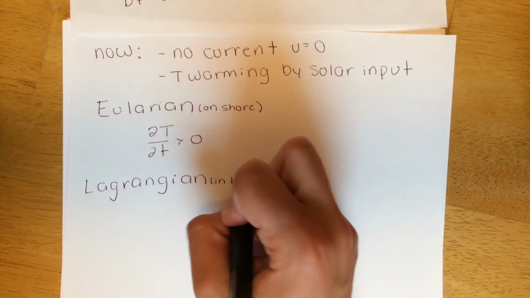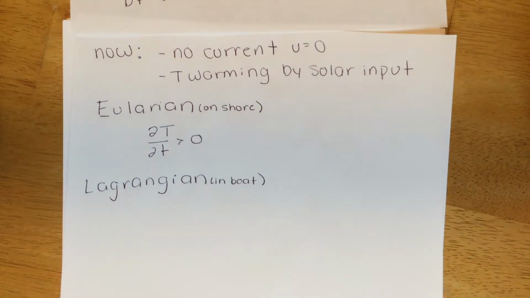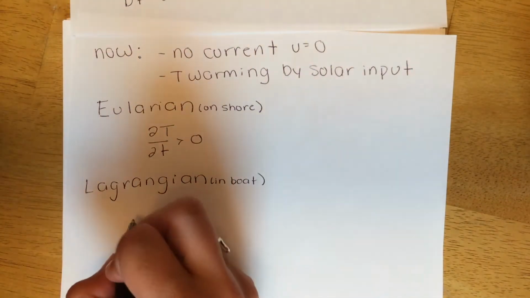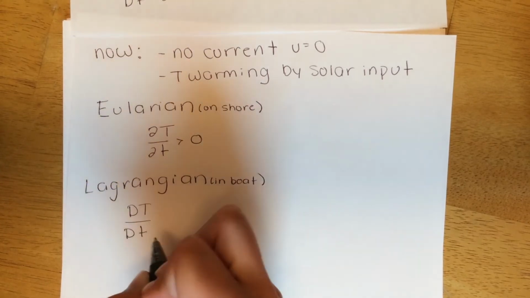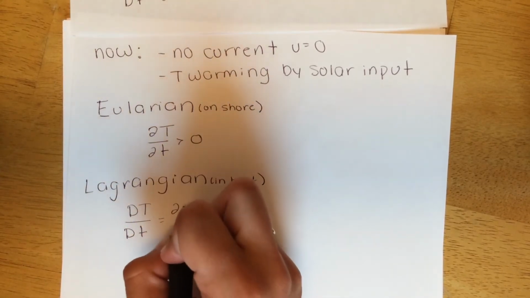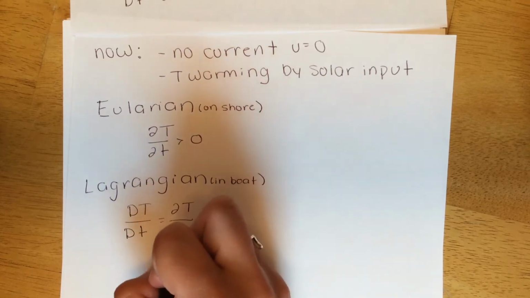The same is true from the Lagrangian perspective. We can eliminate any change with position since there is now no current and we are left with simply the change in temperature with time, which again is positive.